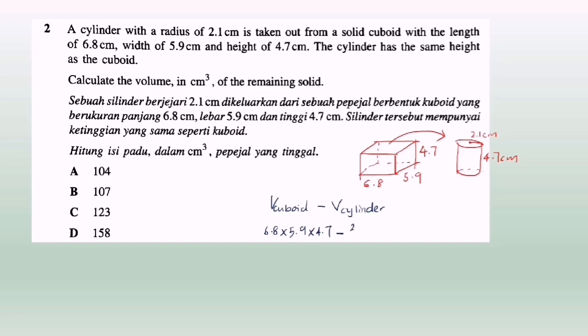So pi is 22/7 times the radius 2.1 squared times the height 4.7. So the answer is 123.422 centimeter cube. So the answer for question number 2 is C.